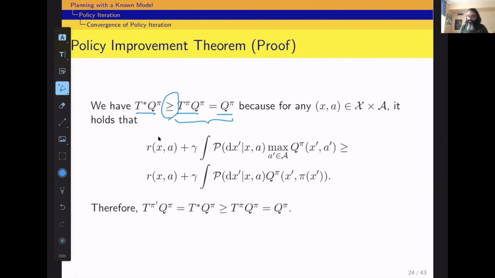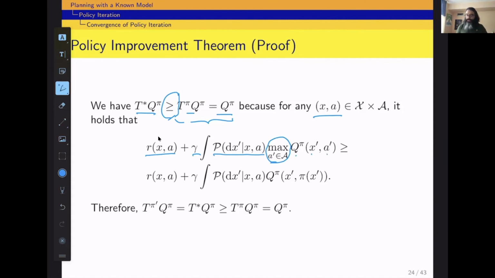To see that this is true, just consider any state X and action A, and write T star of Q pi. So what is T star of Q pi? It would be the reward function R of X and A plus gamma times the expectation over the next state, taking the maximum over actions of Q pi of X prime, A prime.